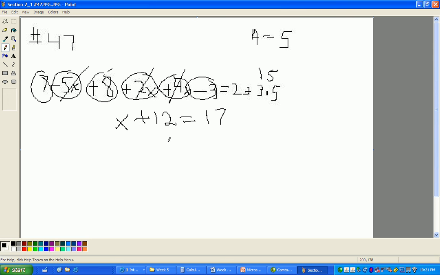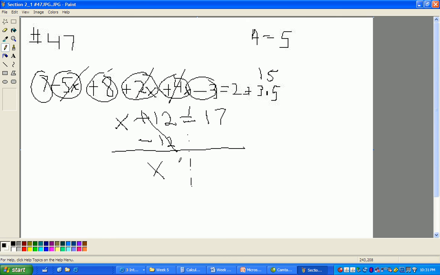Again, we just apply the same rules. We want to get the variable by itself, so we take all the constants from the left to the right. We can do this as long as we do the exact same thing to one side as we do to the other. So we subtract 12 from this side. 12 minus 12 is equal to 0. We're left with x on the left is equal to, now we subtract 12 from this side as well, 17 minus 12 is equal to 5.